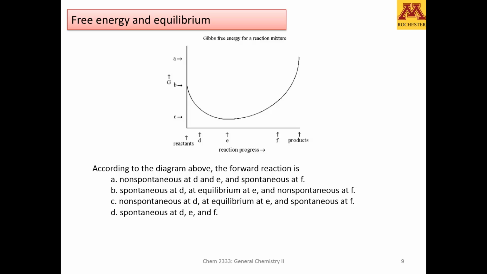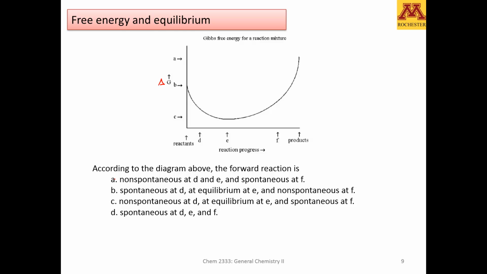So let's see if we can answer these kinds of questions. So we have this kind of graph, and again, we have labeled this as delta G because otherwise we need to deal with derivatives. Let's try to identify which one is correct.